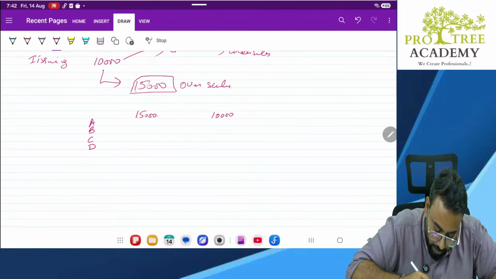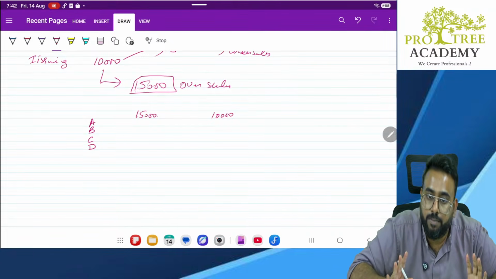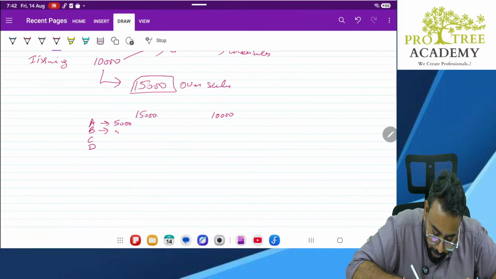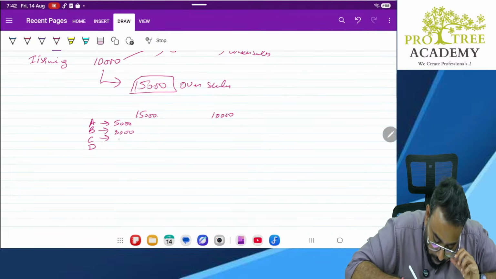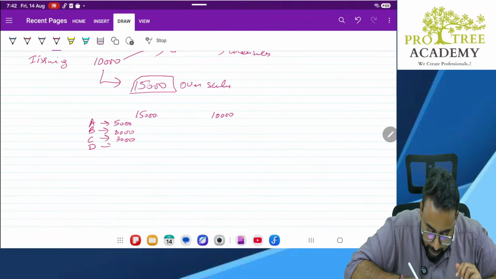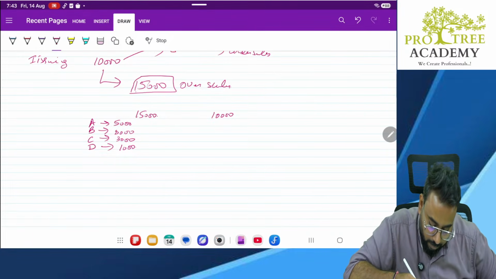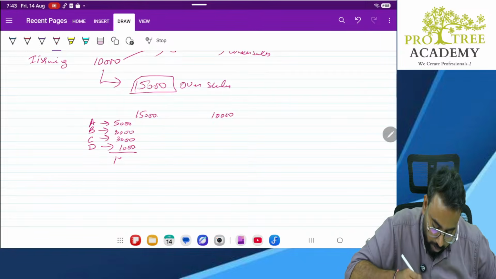C, D. 4 people have applied. Okay, so A has applied for 5,000, B has applied for say 8,000, C has applied for 3,000, D has applied for 1,000. So total 9 plus 3, 12, 17,000 total. Oh, sorry, 17,000 is wrong, we need 15,000.